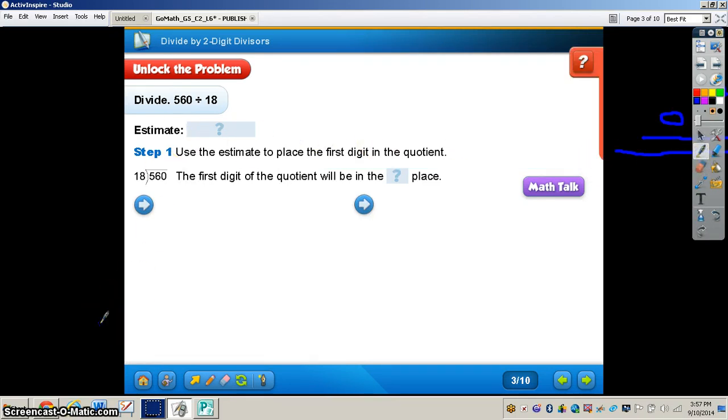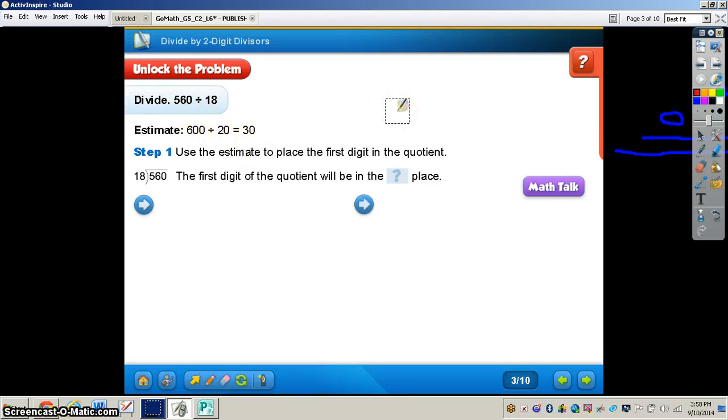So this video is going to tell you how to take 560 and divide it by the two-digit divisor, which is 18. Now the first thing we need to do is estimate. We need to round that 560 to the nearest hundred, and we're going to round that 18 to the nearest 10. So 600 divided by 20 is going to give us 30.